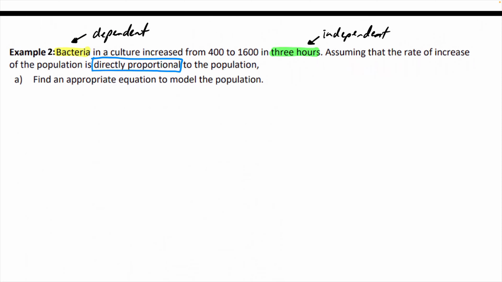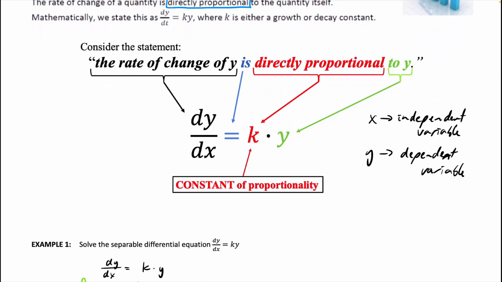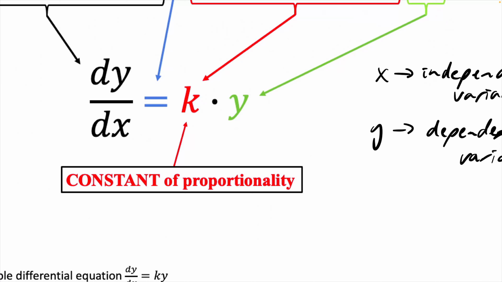Okay, so first thing I'm going to do is set up my equation. But instead of using x's and y's, I want to make it more specific to this problem. So x is our independent. What was our independent? Time. So I'm going to use a lowercase t for independent x.